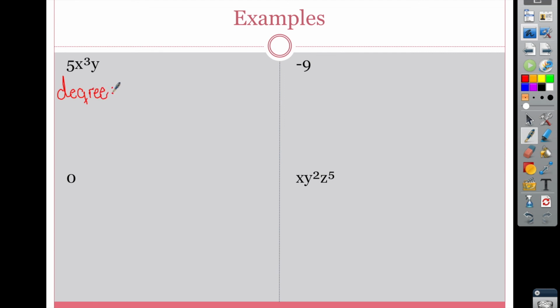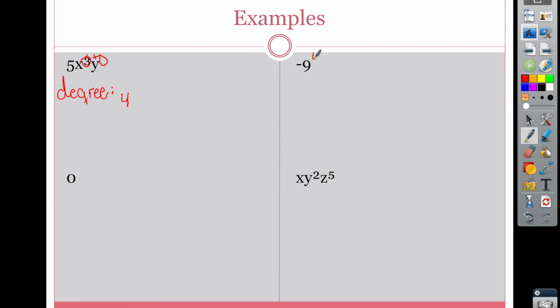So 3 plus 1 is 4. So our degree is 4. Again, you have two different variables, so you have to add the exponents, where x is raised to the third and y is raised to the first. So 3 plus 1 is 4.